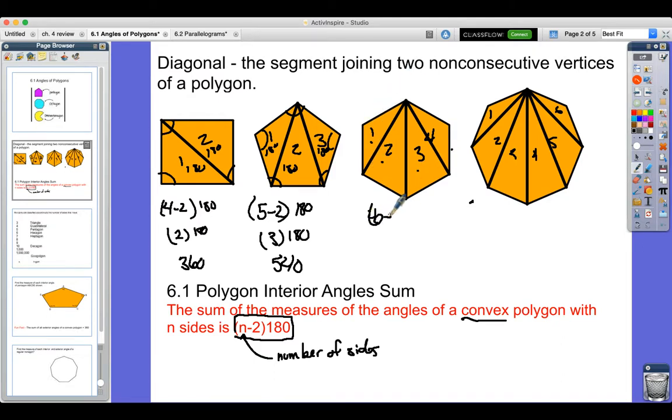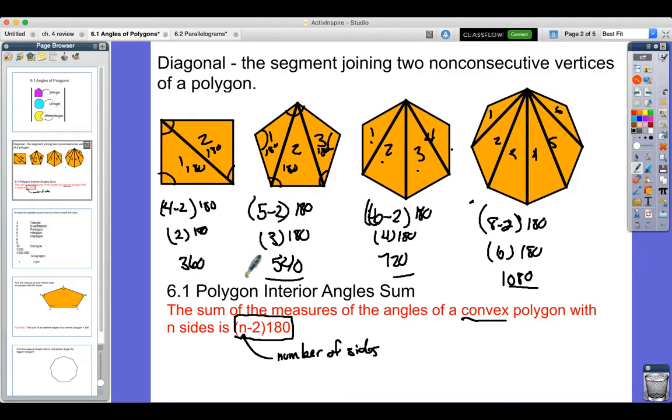So it'll be 6 minus 2 times 180. You're getting 4 times 180, a grand total of 720. And that octagon, 8 minus 2 times 180. You end up getting 6 times 180, so 1080.